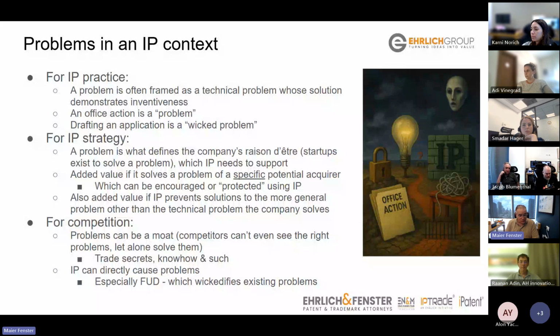And of course, you can cause problems using IP. So we always think, I write a patent and they're infringing it, but the very fact that they don't know if they're infringing creates FUD, fear, uncertainty, and doubt. And any problems a competitor might have become even more wicked when they have to factor in this FUD. And IP is really good for doing that.